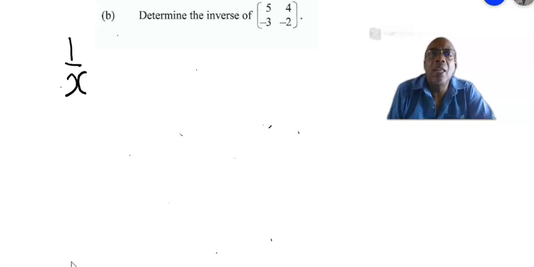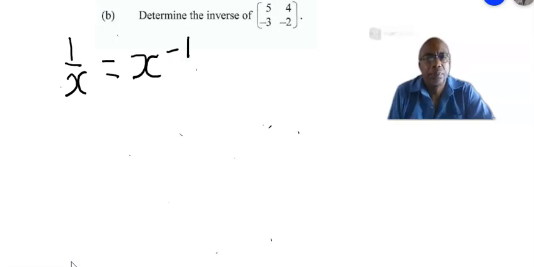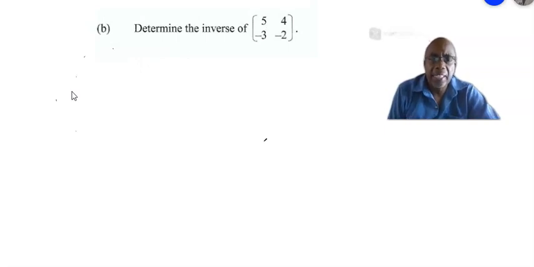And this can be written as well as x to the negative 1. That is what the inverse is. So now, how do you find the inverse of a 2 by 2 matrix as we have here?